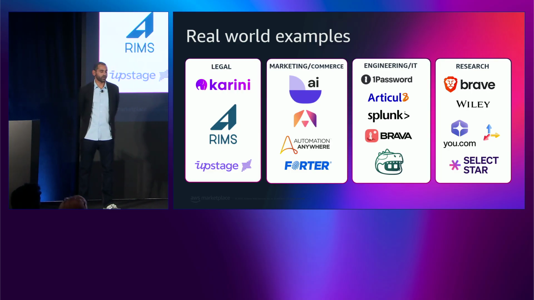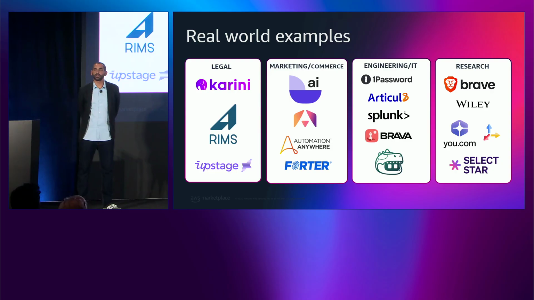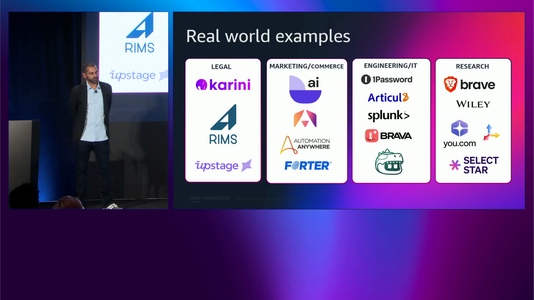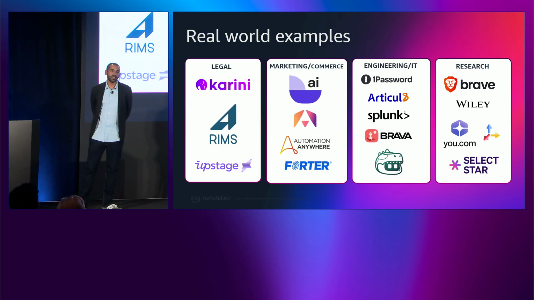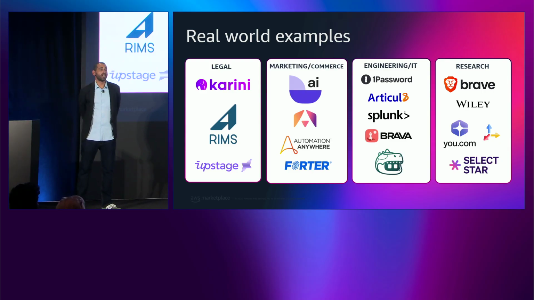of agentic workflows. If you're in marketing or if you are building commerce websites and you need personalization, you need to generate content, you need to generate images, you could use products from these partners and then many more to help you with that. On the engineering and IT side, we also have a bunch of solutions that can help you with observability, coding, and many other use cases.